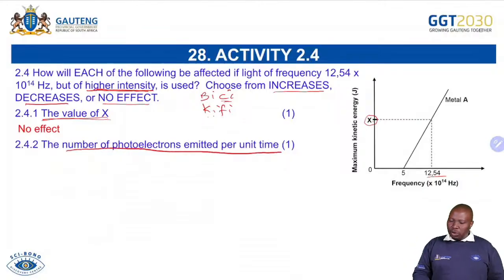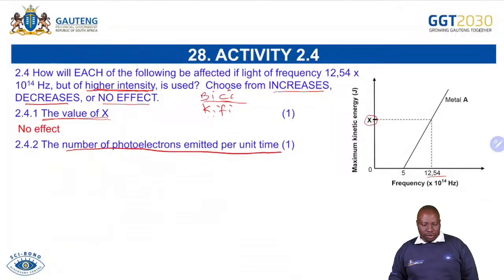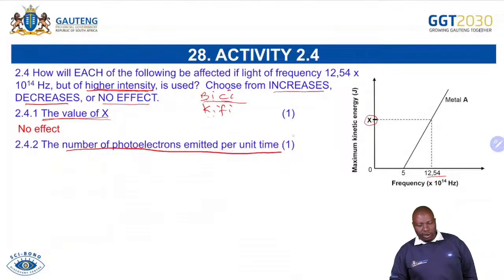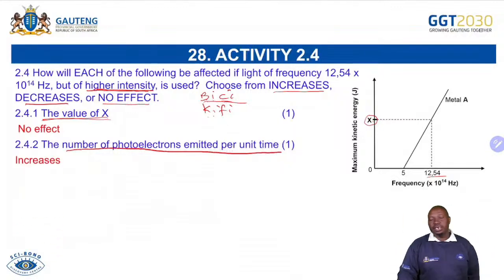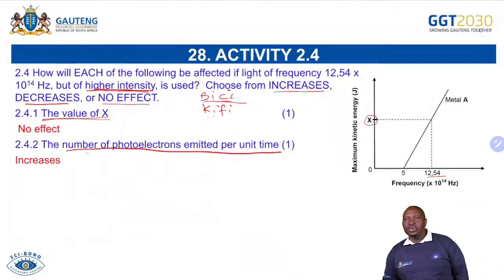So what will happen when we increase the brightness? Remember we said that when the brightness increases, the current increases as well. Current is the number of electrons. So the number of photoelectrons emitted per unit time definitely increases with increasing brightness or intensity.